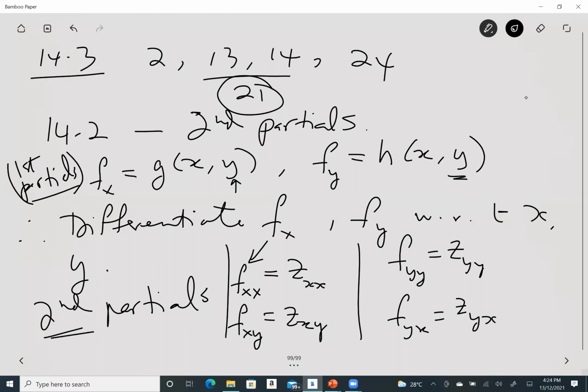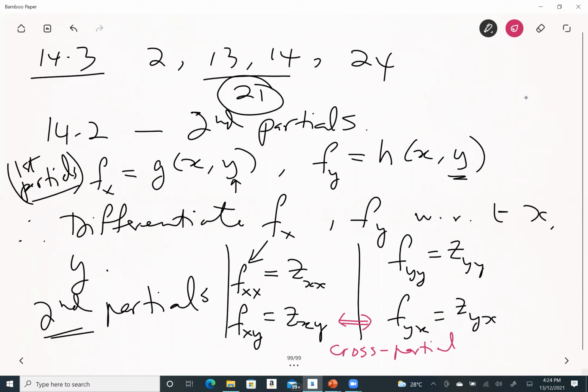This thing here, we call it cross partial. fxy, fyx. So these 2 things here, we call it cross partial because you have the partial derivative fx you differentiate with respect to y, or the partial derivative fy you differentiate with respect to x.